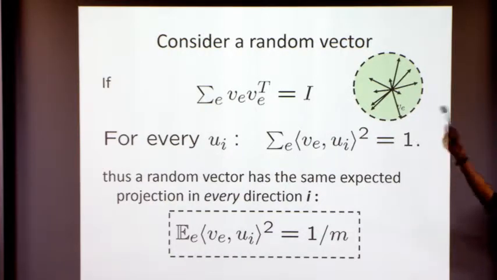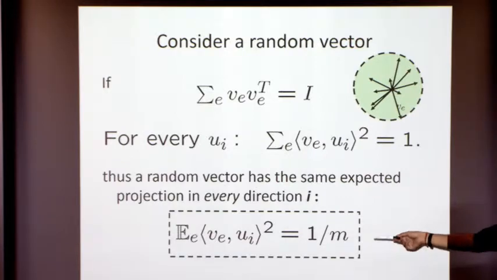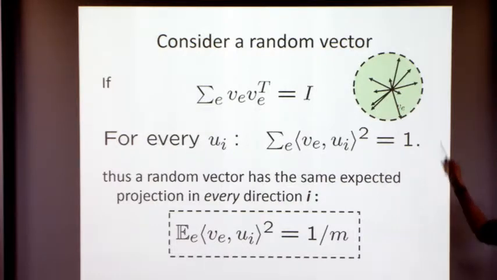That's what it means for it to be the Cauchy identity. The quadratic form is always equal to 1. So what that means is if I pick a random vector from such a collection, and I have some matrix, then the expected squared projection along any of the eigendirections is exactly the same. It's just 1 over m. It's not particularly likely to hit any particular direction because it treats all directions equally, at least as far as marginals go.